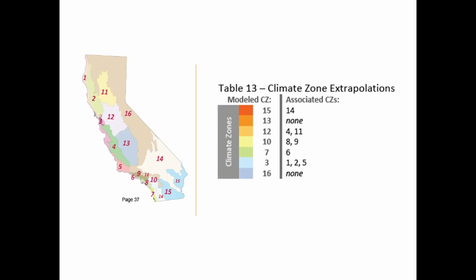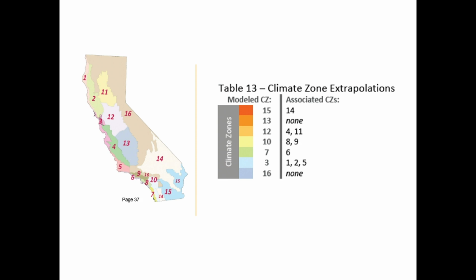Okay, another thing that's going to affect your ability to get to zero net energy is your climate. So recognize this state. For code compliance purposes, California has 16 different climate zones, so you can see them here on this map.